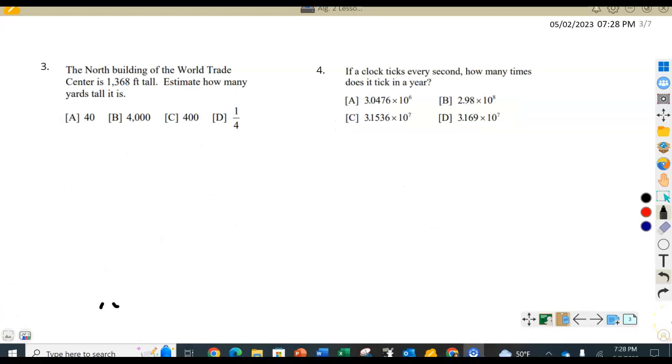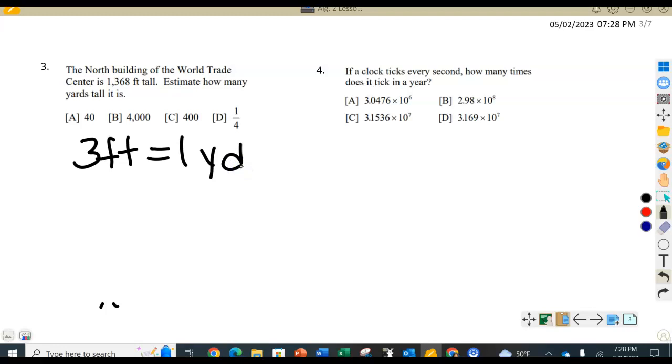All right, guys, the next example says the north building of the World Trade Center is 1,368 feet tall. Estimate how many yards tall it is. Hopefully you know that 3 feet equals 1 yard. If you don't know that, again, Google will help.